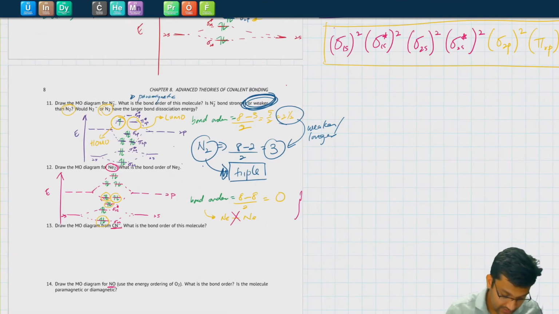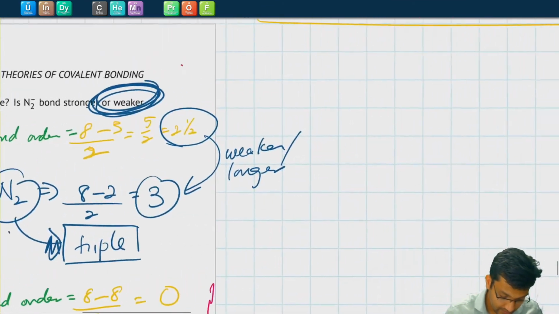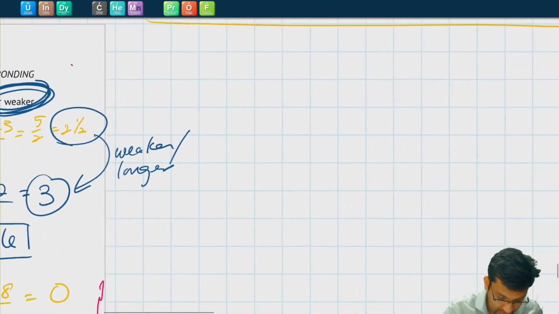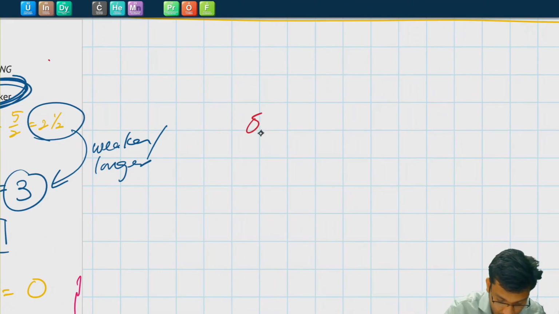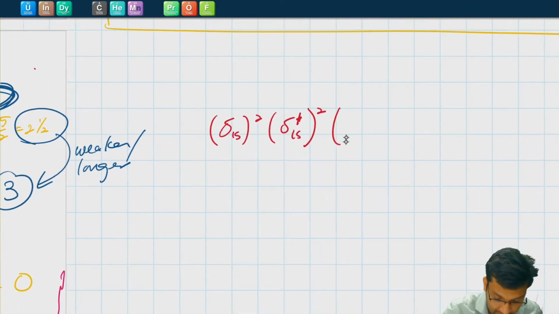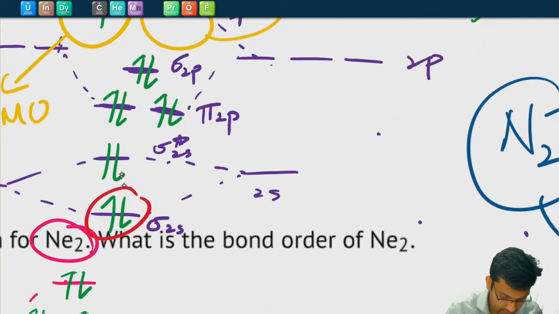Okay, let's look at the electron configuration now for N2 minus, right? We drew it over here. So we can start with the sigma 1s with 2 electrons, the sigma 1s star with 2 electrons. Those are the core electrons, they remain the same. And then we had the sigma 2s with 2 electrons and the sigma 2s star with 2 electrons right here, right? Those are those two.